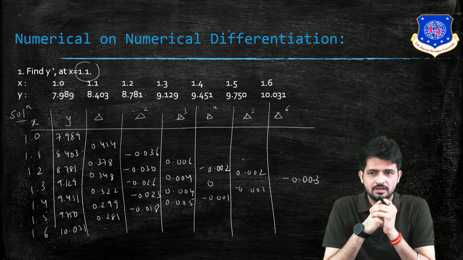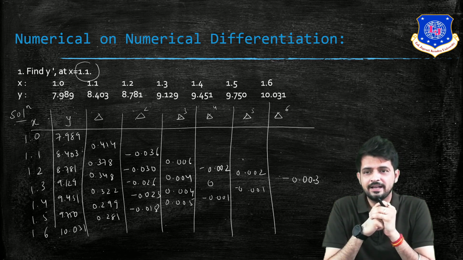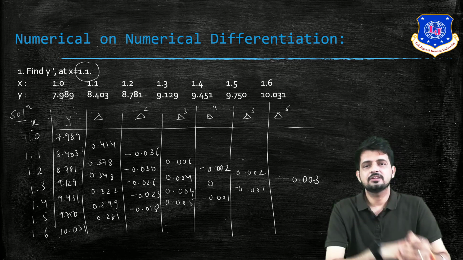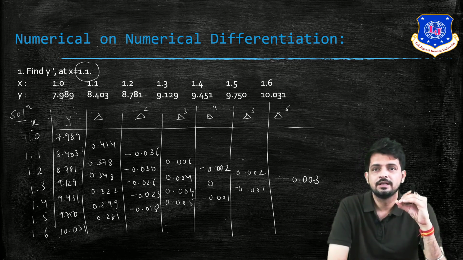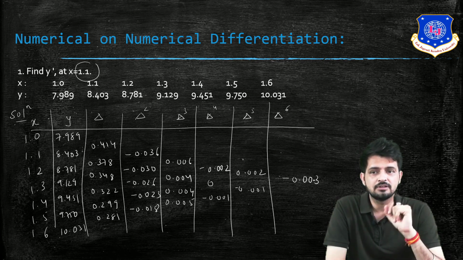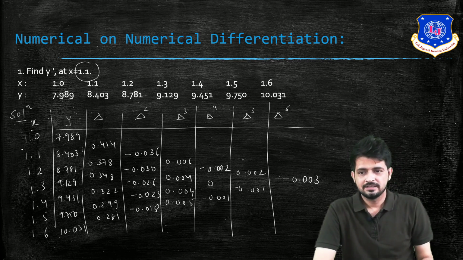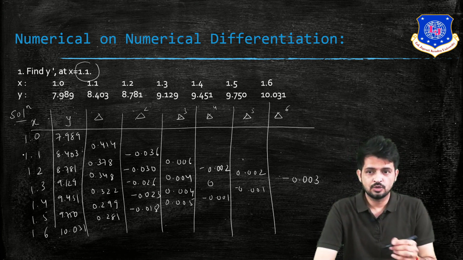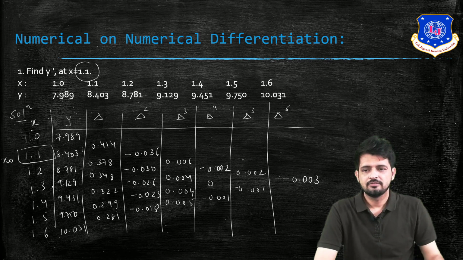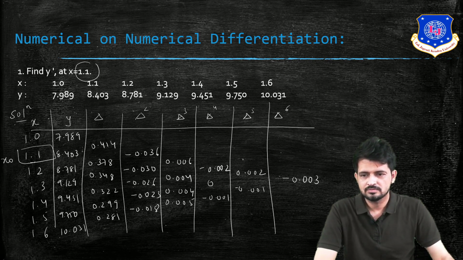Okay. Now we remember the formula to find y dash at x is equal to 1.1. See, we are having the formula to find the value of dy by dx at x is equal to x0. But here we have to consider, remember most of the students are doing mistake here. We have to consider this value as x0.